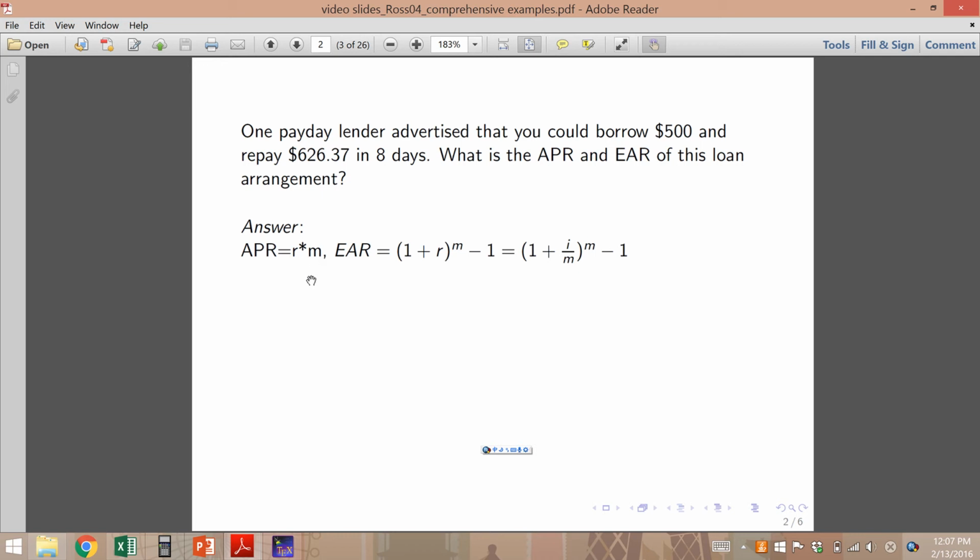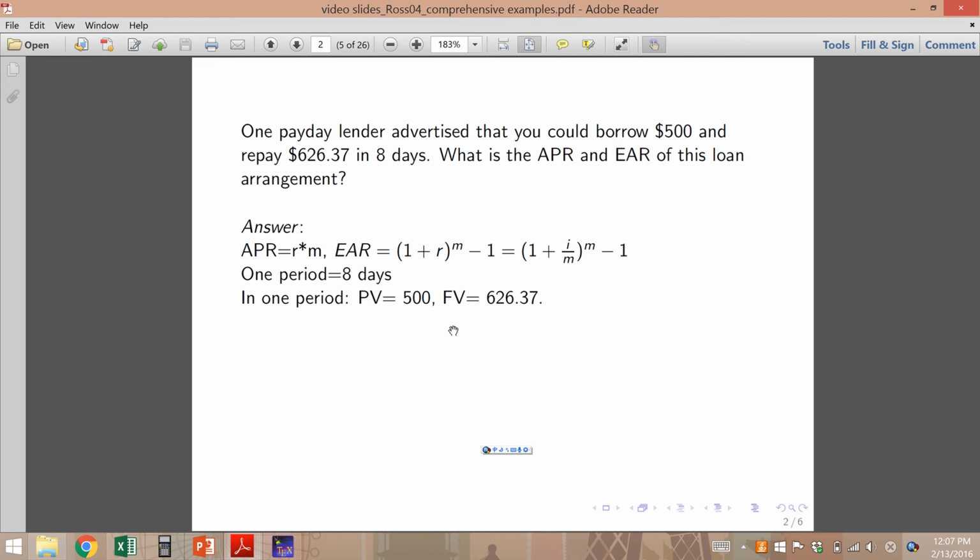So the first question we need to think about is, what is the length of a period? Obviously, it's 8 days because during these 8 days, this transaction completed. Over these 8 days, we know that the PV equals 500 and the future value equals $626.